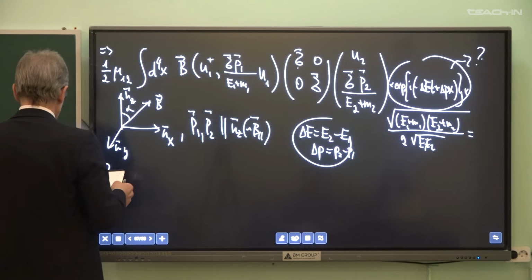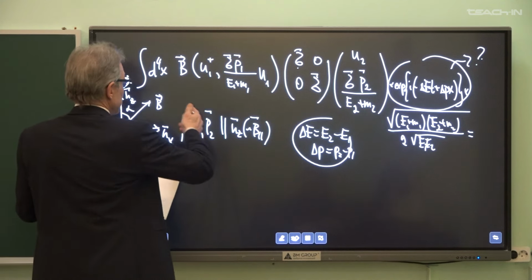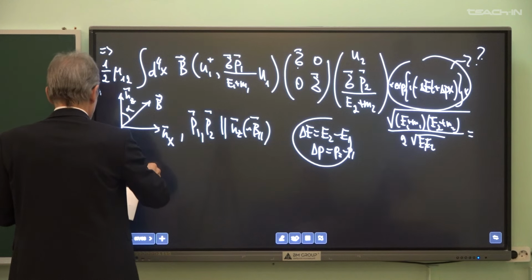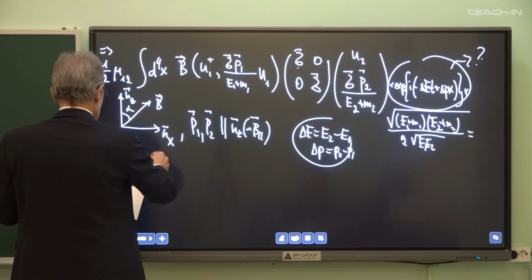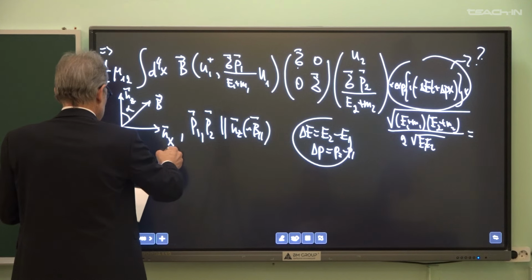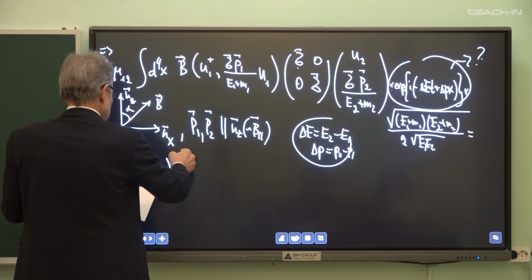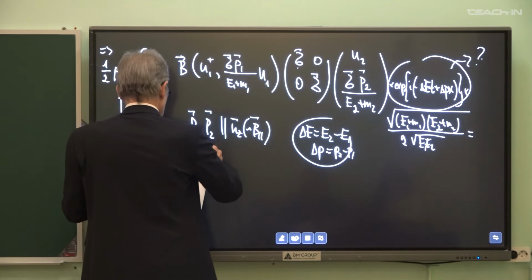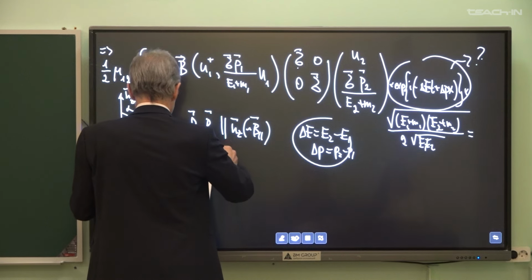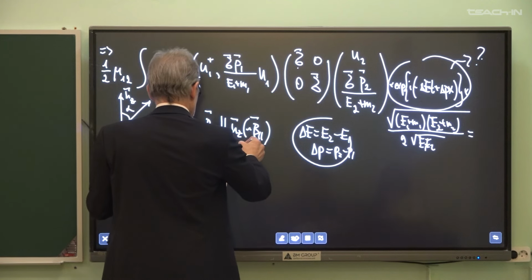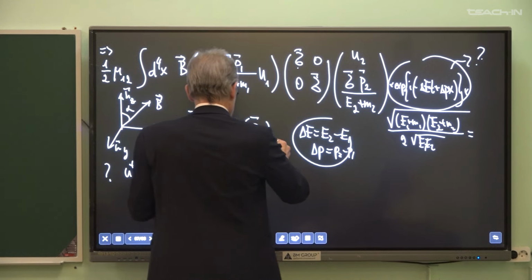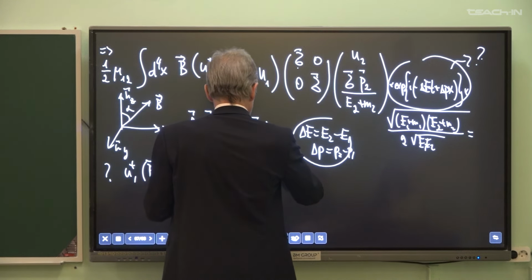Okay. Now let's start making these calculations. We have to examine the following terms from this expression. We have to calculate U1 cross B vector sigma vector U2 minus U1 cross sigma P1 sigma B sigma P2.